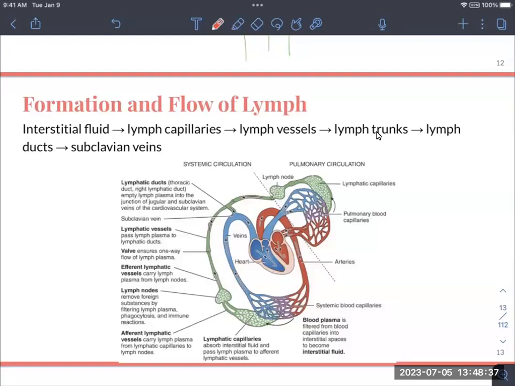It'll drain into lymphatic vessels, they go through lymph nodes, then they're going to go to lymph trunks, lymph ducts, and technically they're going to enter into the subclavian veins that drain into that superior vena cava that is going to empty into the heart.